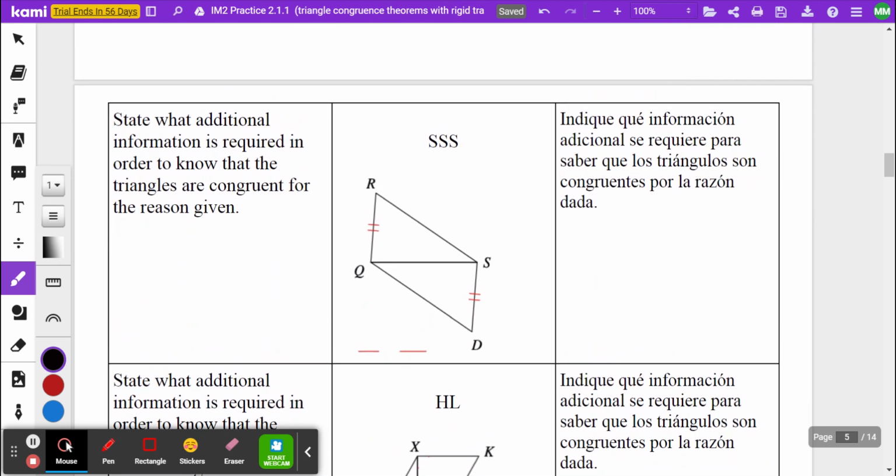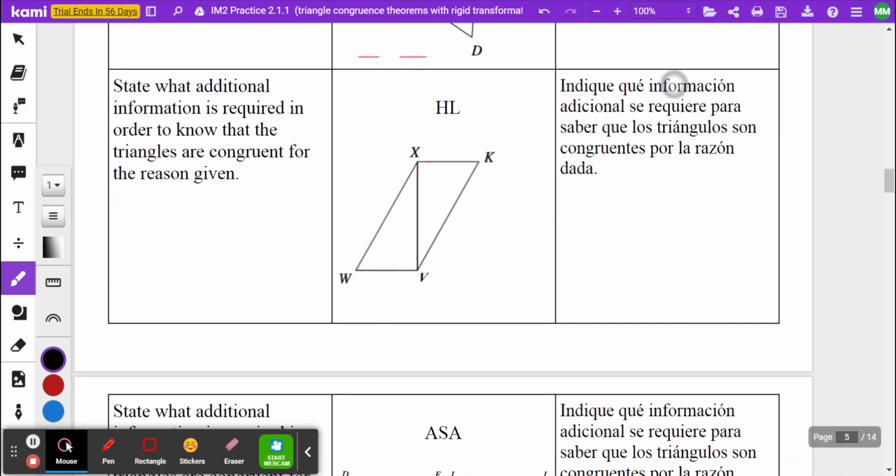Next, if I wanted to use side, side, side, I already know that QS is the same for both triangles. I've got two sides. I would need to know that side RS were congruent to side QD. RS congruent to QD. That's the missing information.